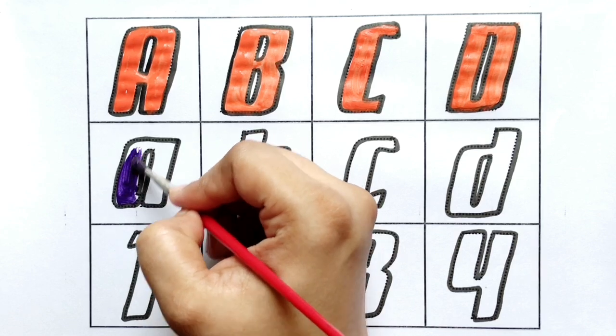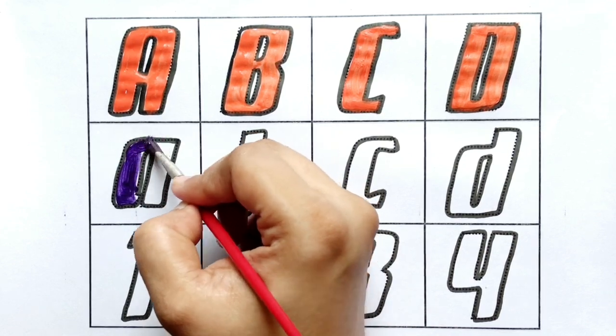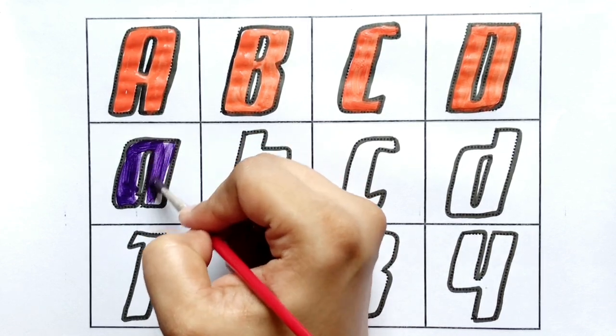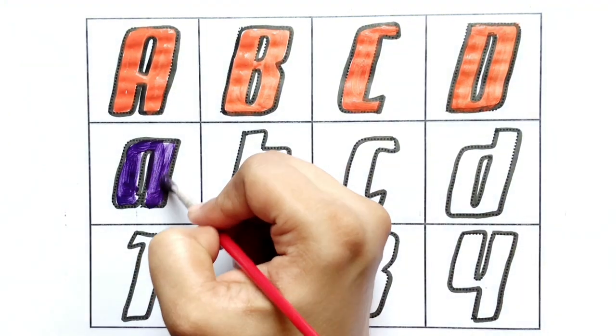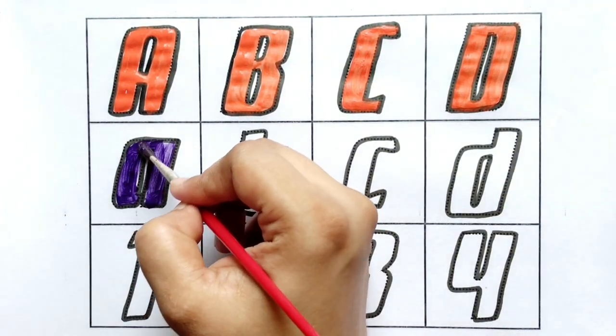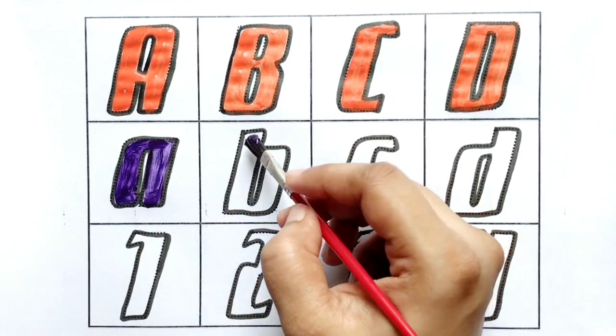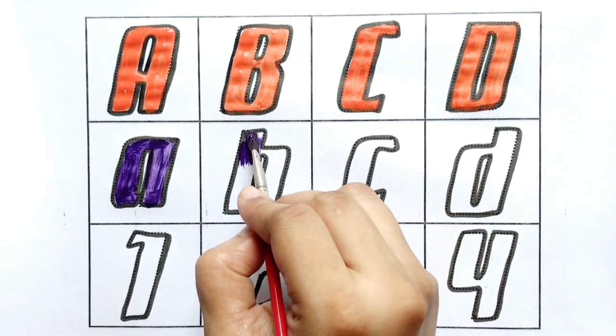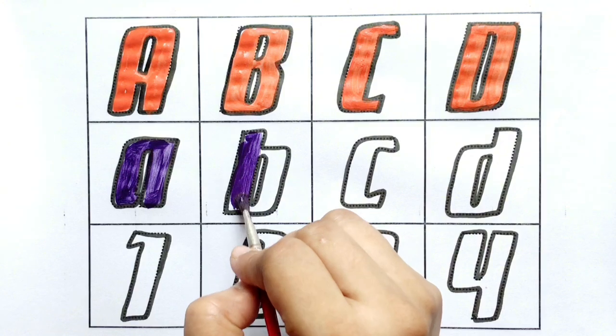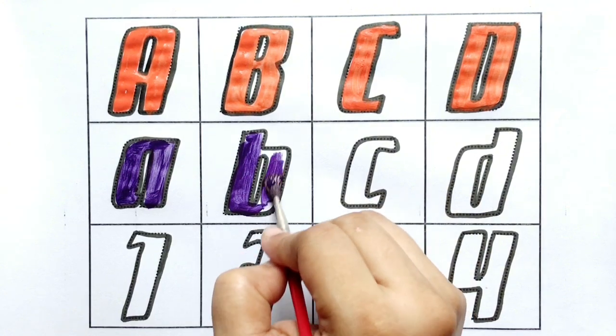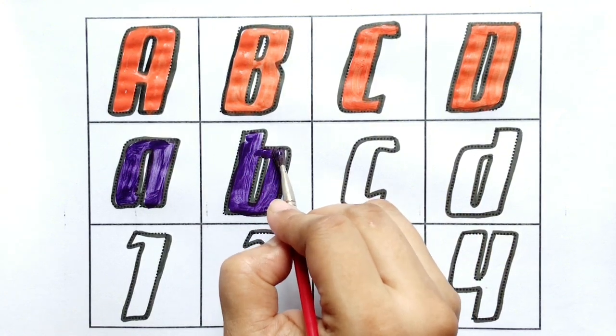Lowercase letter A. A for airplane. Lowercase letter B. B for bear.